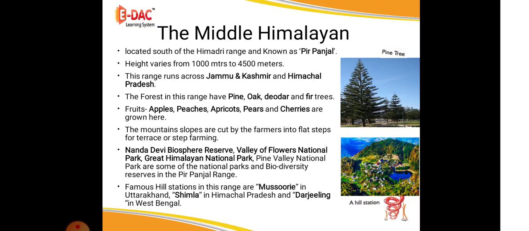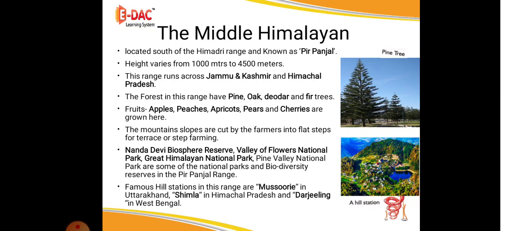The mountain slopes are cut by the farmers into flat steps for terrace or step farming. Nanda Devi Biosphere Reserve, Valley of Flowers National Park, Great Himalayan National Park, and Pine Valley National Park are some of the national parks and biodiversity reserves in the Pir Panjal range.